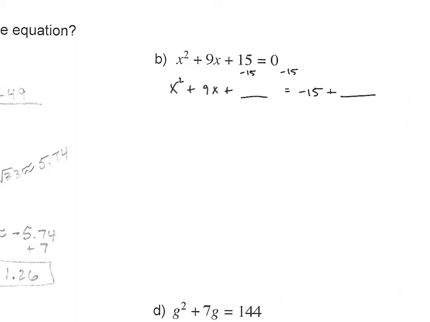Half of b squared is going to be 4.5 times itself, which I think comes to 20.25. Let me check that. Okay, and adding that to both sides, you're going to be able to factor this side.